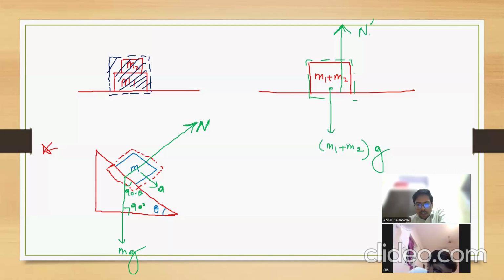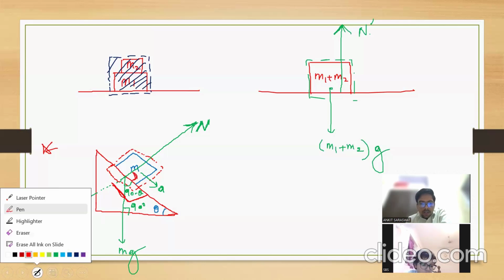If you drag this, now you can check this is perpendicular. This total is 90 degrees.